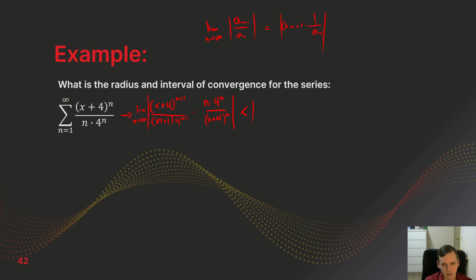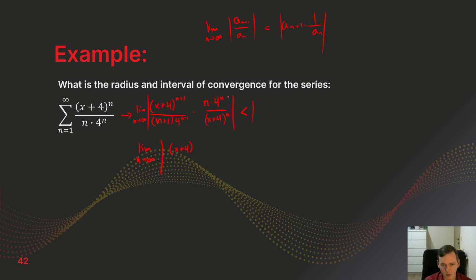So let's check this out. So 4 to the n plus 1 and 4 to the n will cancel, kind of, and x plus 4 to the n plus 1 and x plus 4 to the n will have some things that cancel. So limit as n approaches infinity of x plus 4 to the n plus 1. There's one more of these x plus 4s than these. So we get x plus 4 just to the first.